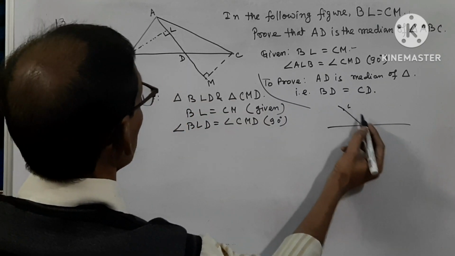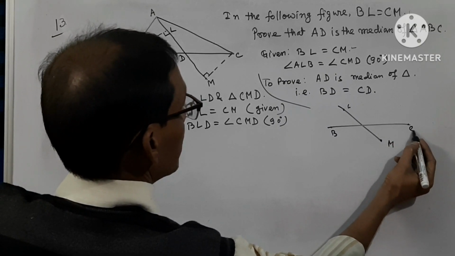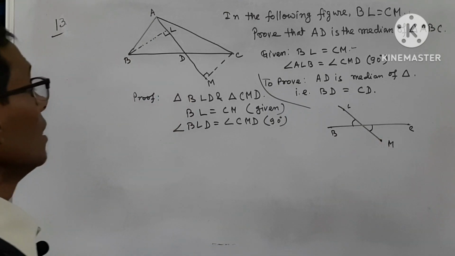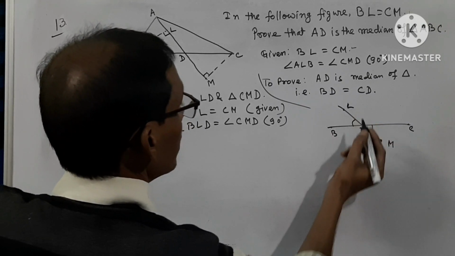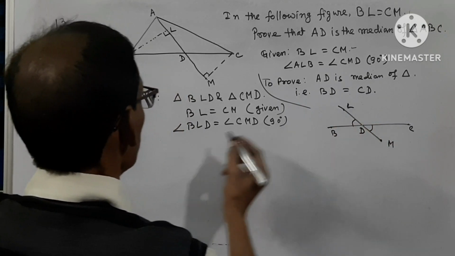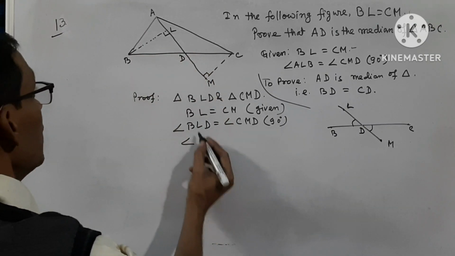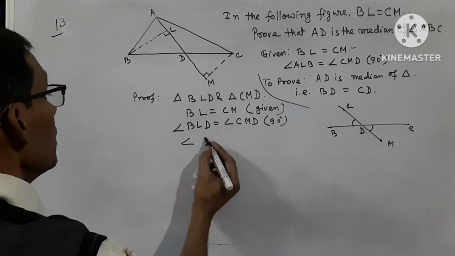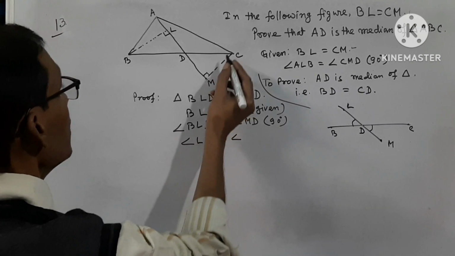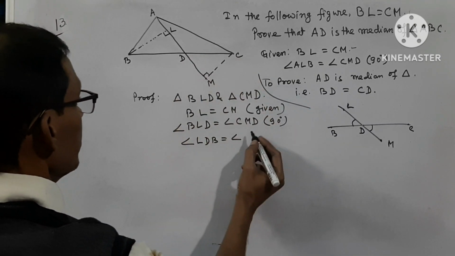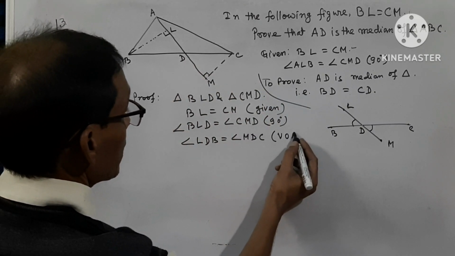This is L, this is M, this is B, and this is C. These two angles are called vertical opposite angles, and this point is D. So angle LDB, only D must be in the middle, angle LDB equal to angle CDM or MDC, and you have to write vertical opposite angles.